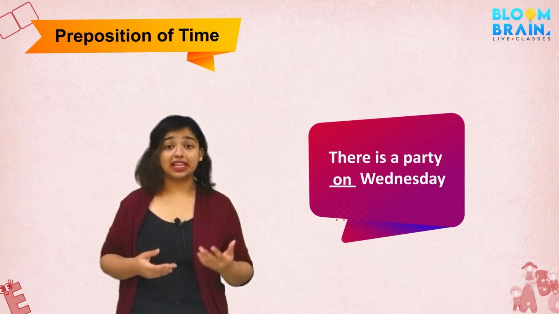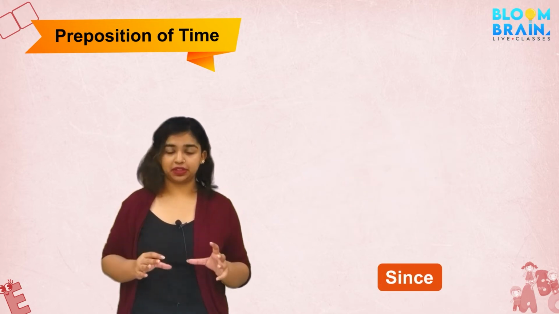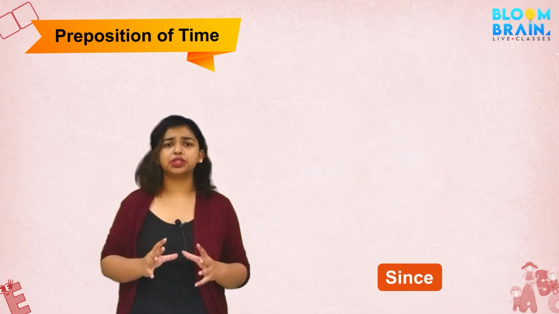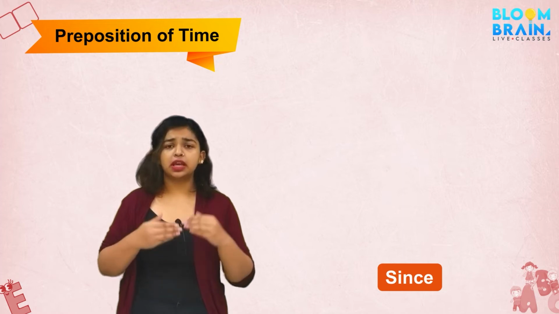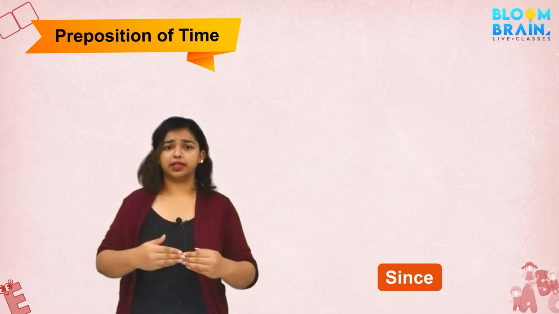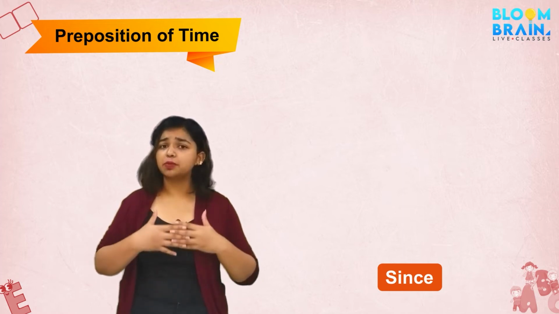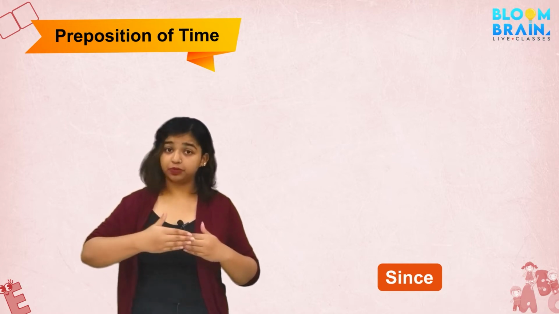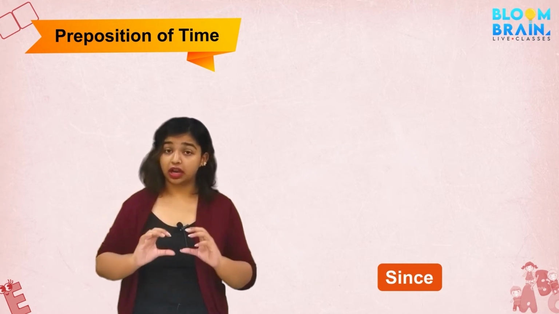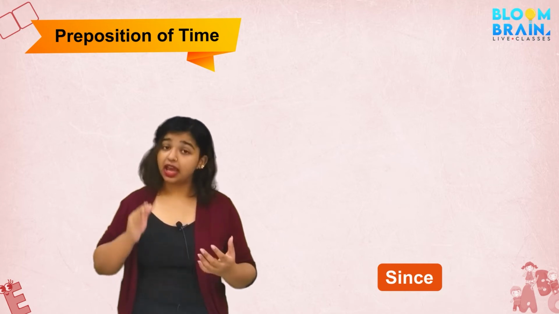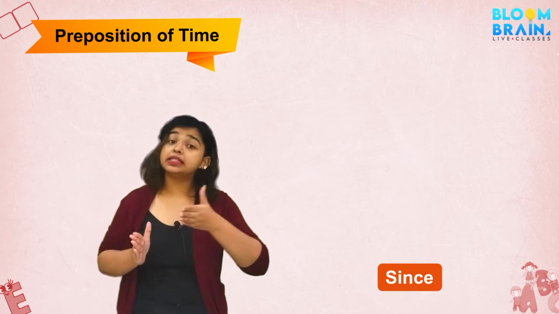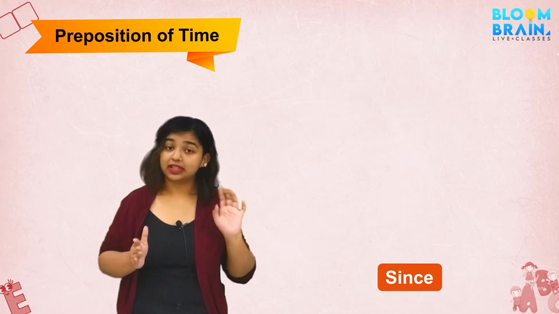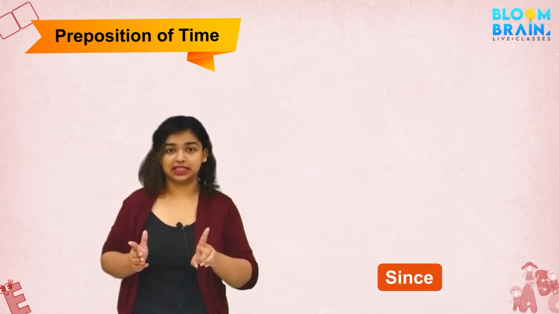Okay. Next is since. So since is a preposition which denotes a starting point. Whenever we have a starting point of time given and something is still happening, an occurrence that started at some given point and is still happening, then we are going to use since.